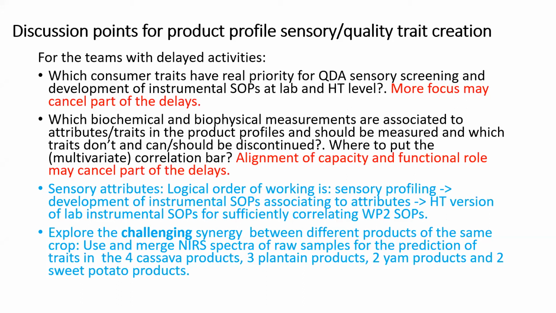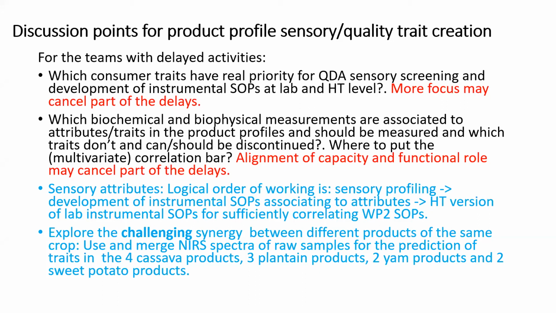Are they associated to the traits and attributes? Do they deserve to be continued, or should they be discontinued? Then the question is, of course, where to put the multivariate correlation bar. Because if you look at the presentations and the progress, you quite often see one-to-one correlations, but not multivariate correlations.